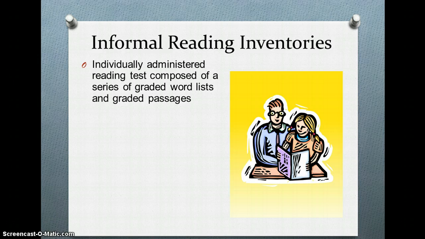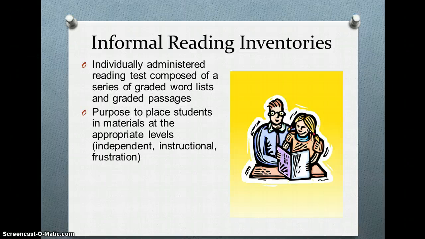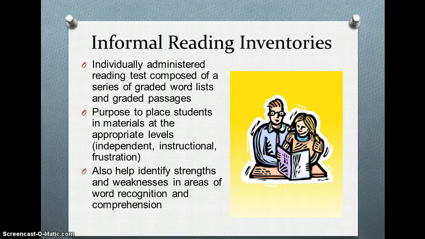So a quick word on informal reading inventories. These are individually administered reading tests that start with a graded word list that helps you determine what grade of passage to start with, so you aren't playing a guessing game there. The purpose of these is to place students in materials at the appropriate levels, independent, instructional, or frustration. They also help identify strengths and weaknesses in areas of word recognition and comprehension.